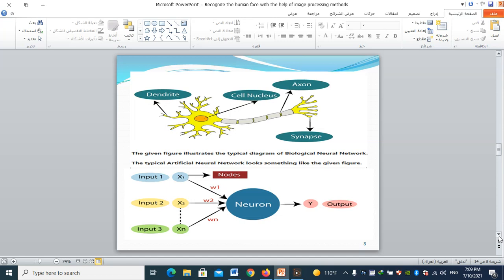The last diagram is a typical artificial neural network, which looks something like this, with multiple inputs: input 1, input 2, input 3, represented by x1, x2 to xn, or nodes, which are connected by weights w1, w2 to wn to the neuron, and y represents the output.